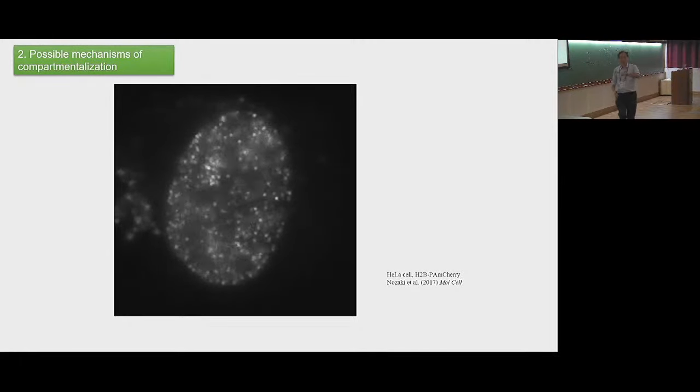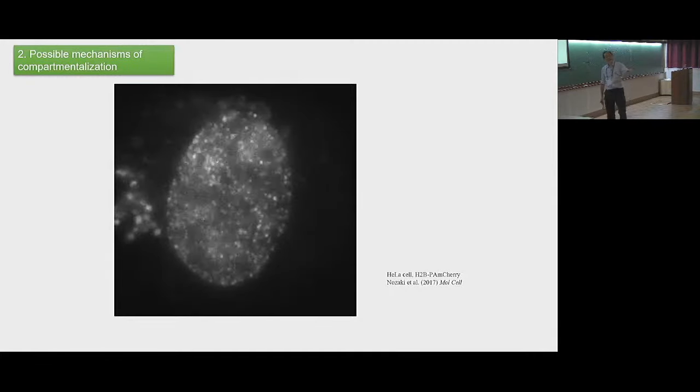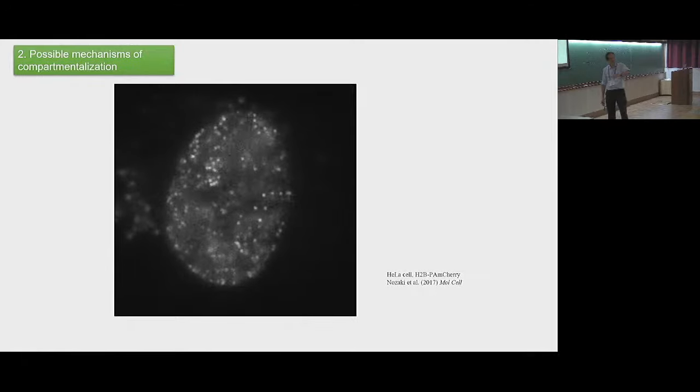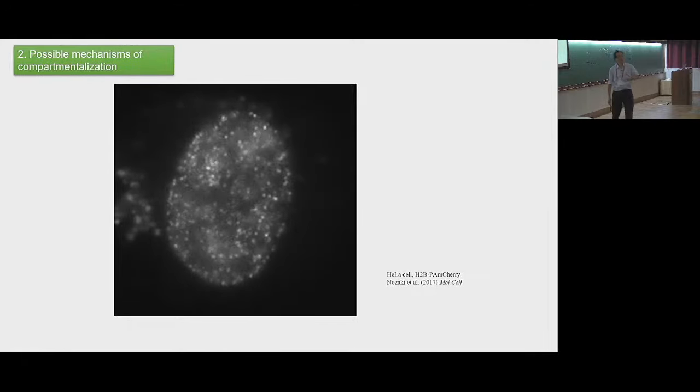So this is only an intersection of the nucleus. By changing the focal plane, we can see the nucleosome movement near the nuclear membrane or near the nuclear center, so that near the nuclear membrane, the movement is much slower.